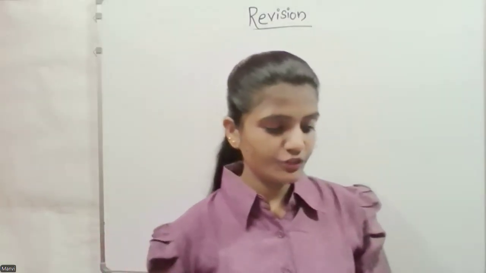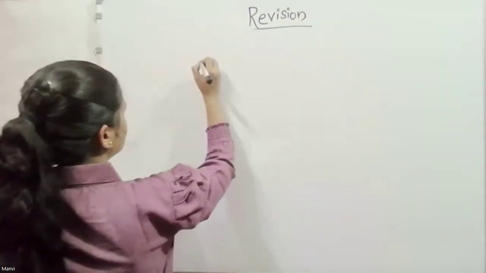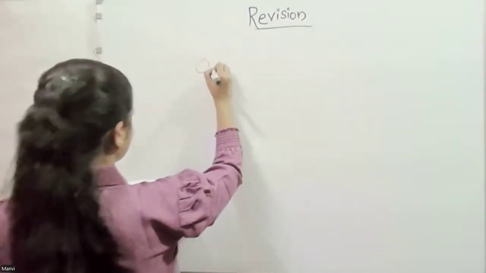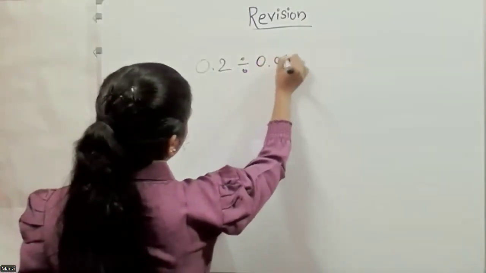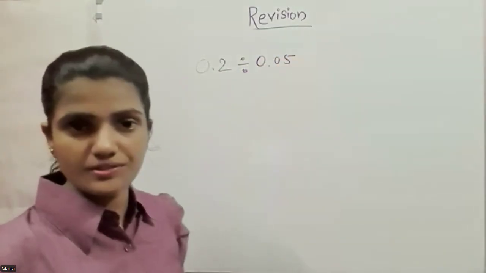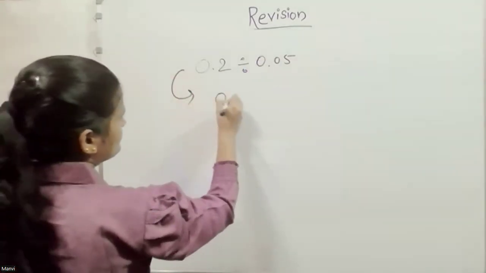Okay, so we are continuing with decimal division. In decimal division, you know what our approach is. First, try to write down this number this way.